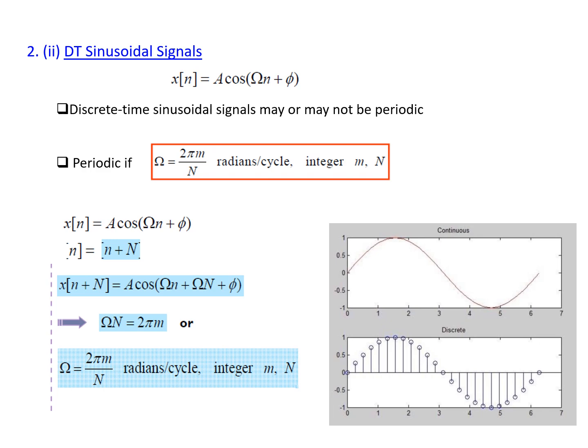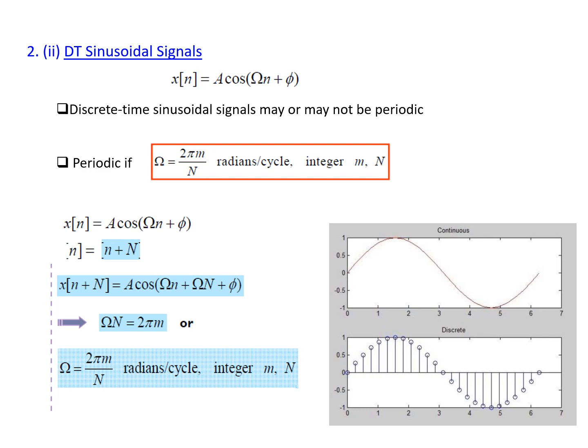That is, a discrete time sinusoidal signal need not be periodic always. It may or may not be periodic. It all depends on the signal condition that happens while you convert a continuous time signal into a discrete time signal. The discrete time sine wave is periodic if and only if the angular frequency omega is 2 pi into m by N, where m and N are integers.